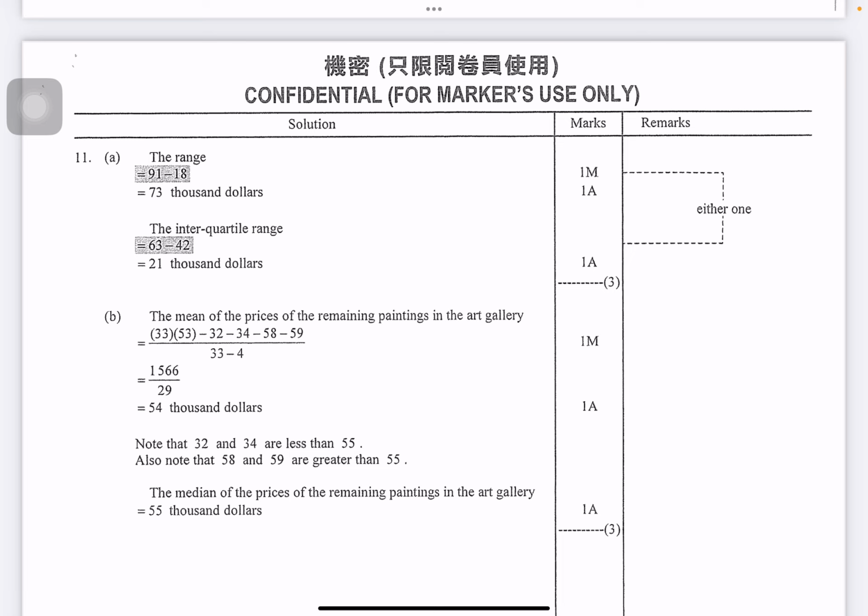The principal used an example to talk about our Form 6 students and the teachers. He said, teachers prepared a lot of dishes here. And then the principal said, the students are still hungry. Then what are we going to do? We're adding more dishes, but the students are still hungry.